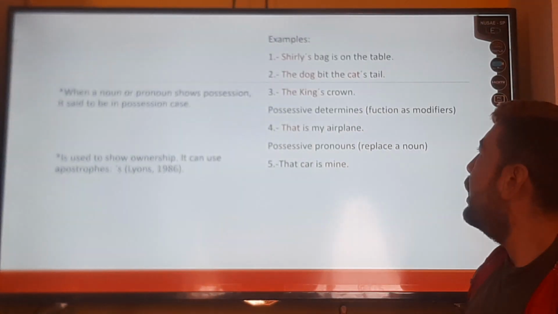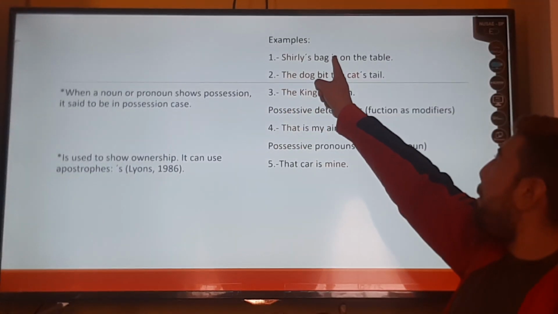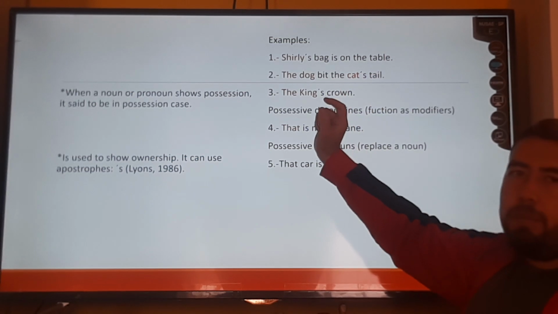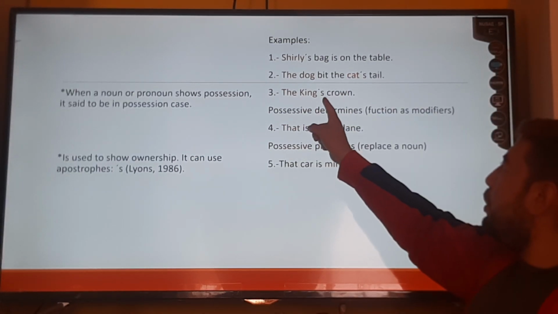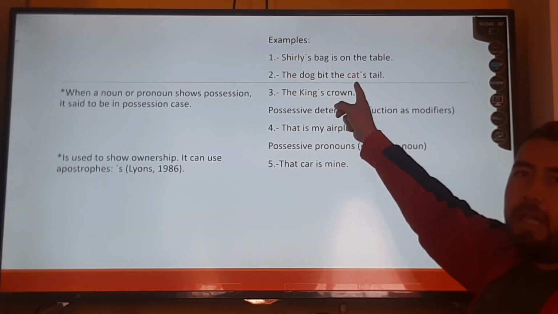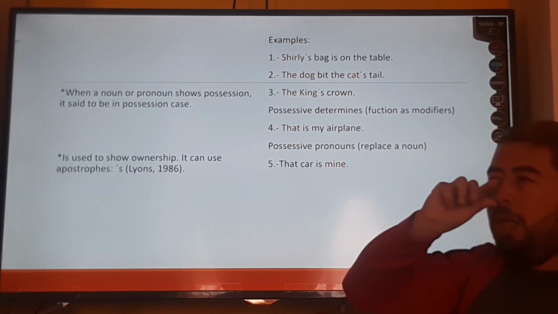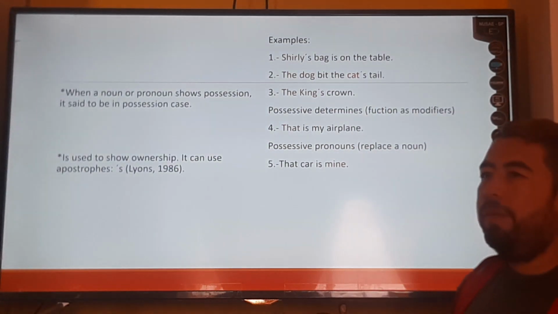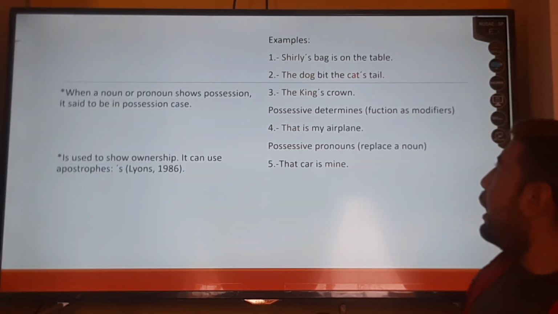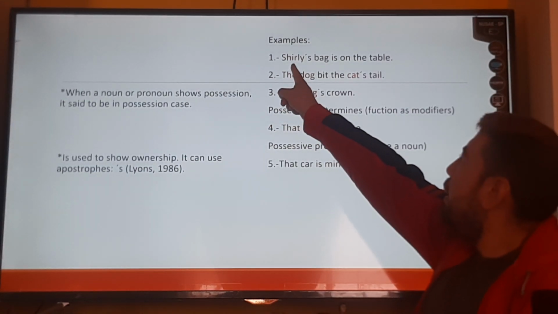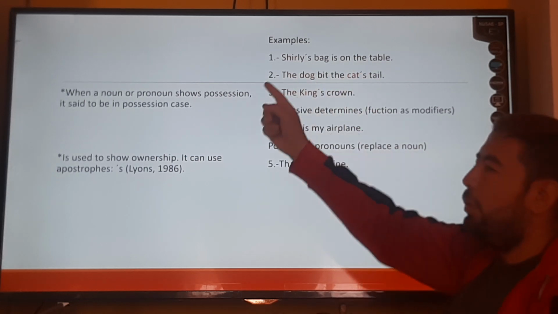For example, Shirley's bag is on the table. The dog beat the cat's tail. The king's crown.